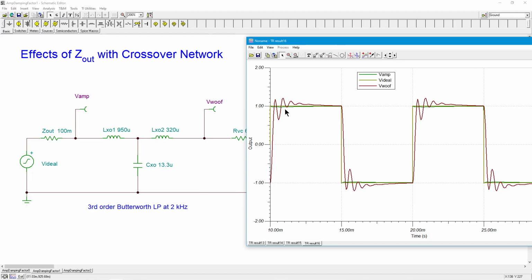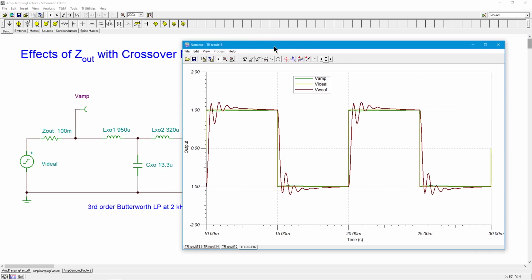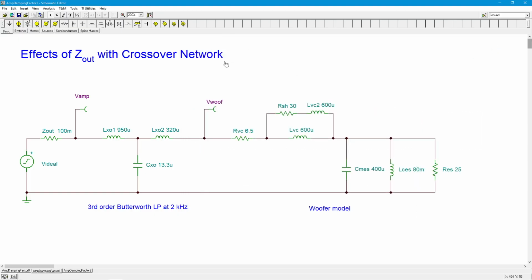And that's partly really two things. It's the inherent ringing that we get here, but it's also the interaction of that with this impedance, because this isn't just a nice 8 ohm load. So this interacts with this, and we get this extra ringing.